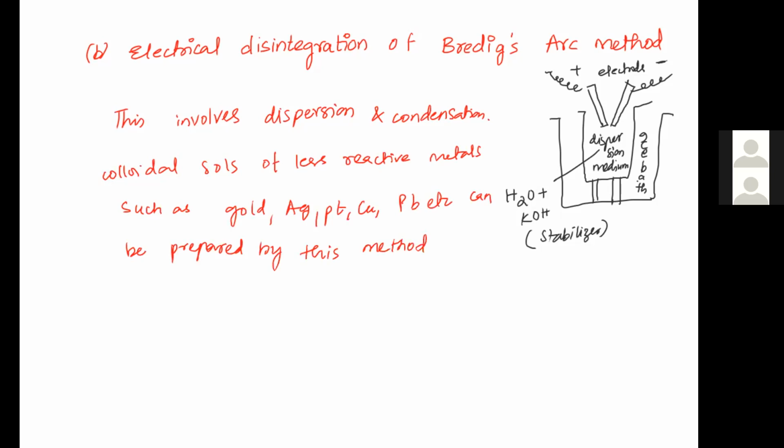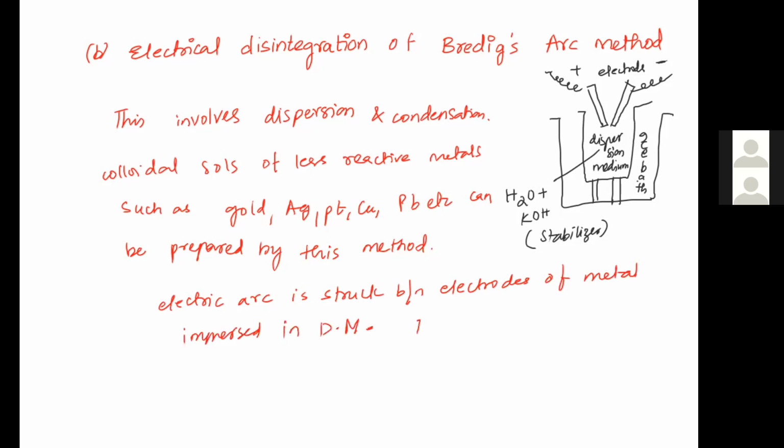So what happens here? First of all, an electric arc is struck between the electrodes of the metal which are immersed in the dispersion medium.